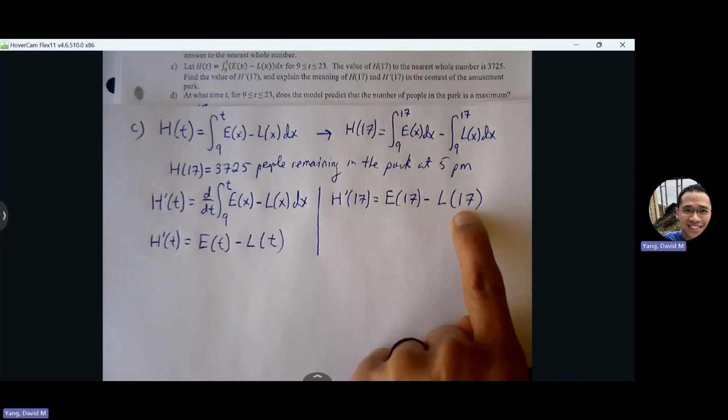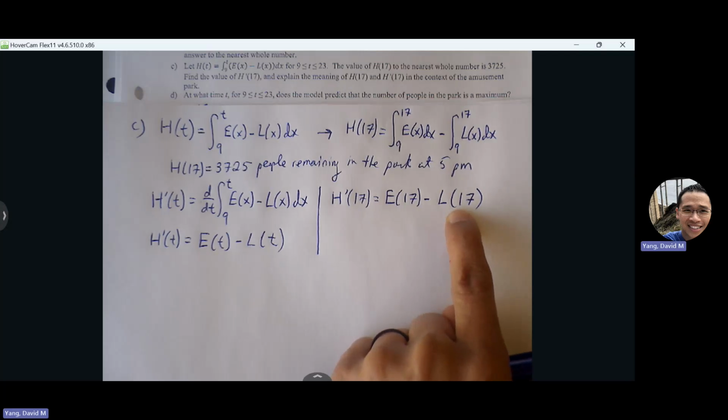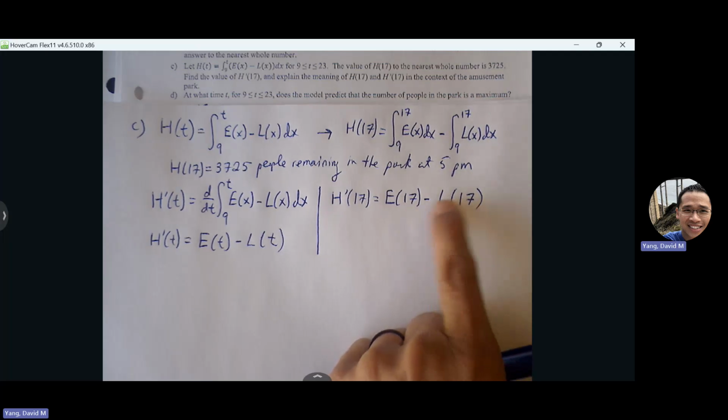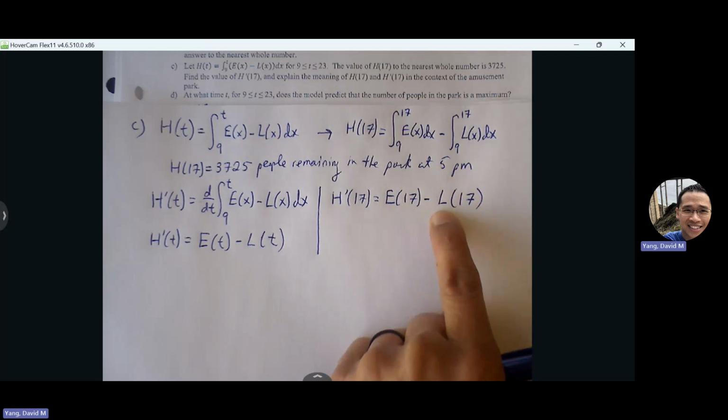What do you think L of 17 means? The rate at which people are leaving the park. So what would you expect E of 17 minus L of 17 to produce? A negative, right? So we expect L of 17 to be a greater number, assuming this is a normal day of operation, and there's no special event going on in the evening. We expect this to normally be a negative number, right? So that's what we're expecting.